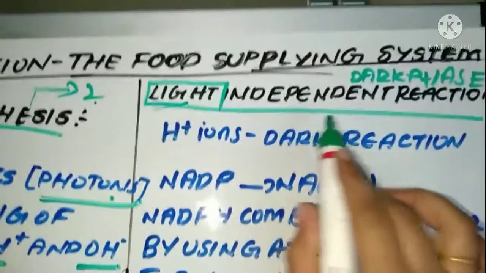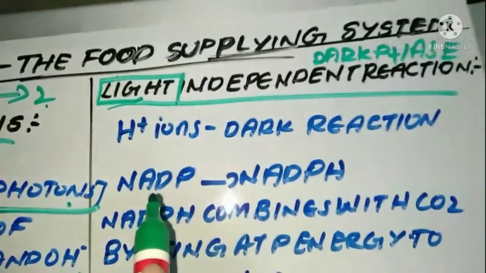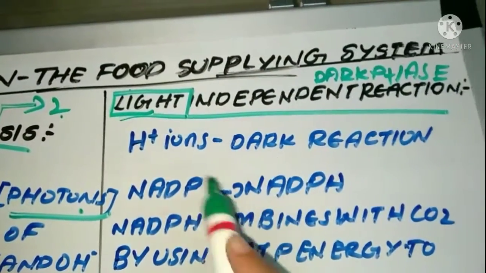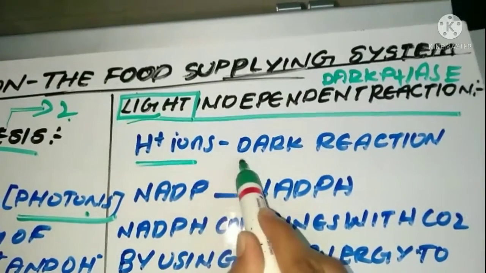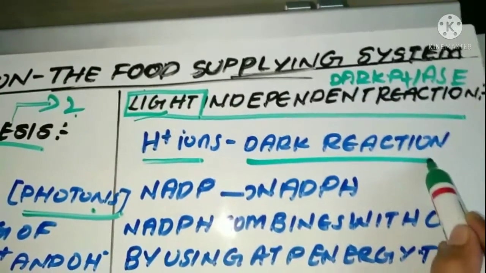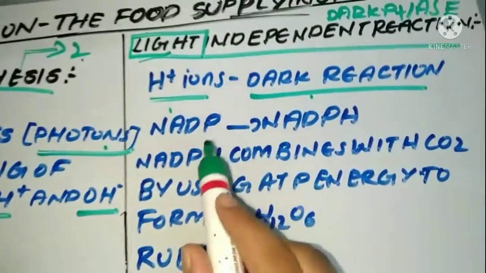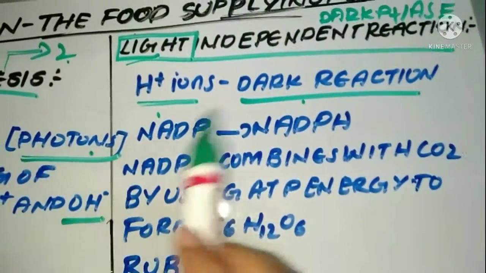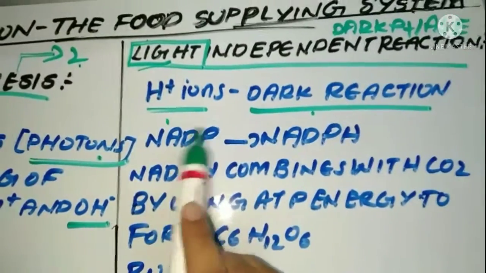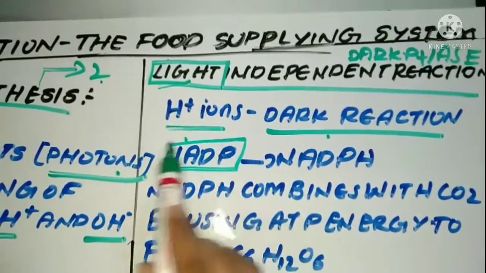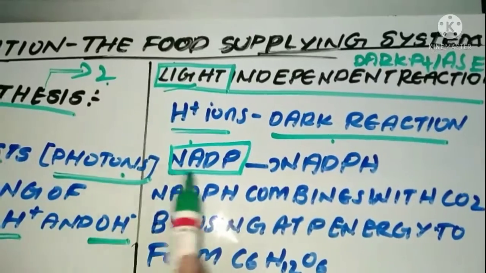As I said before, OH minus ions will be used in the light phase and H plus ions will be used in the dark phase. So the H plus ions are used in the dark reaction. Now, as we saw, the end products of light reaction are NADPH and ATP.